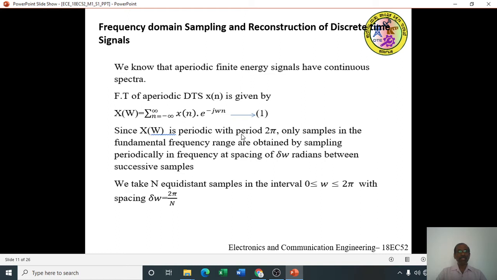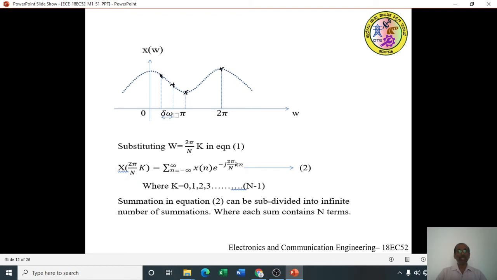This continuous and periodic signal cannot be applied to DSP. So we must perform sampling in frequency domain to convert continuous spectra to discrete spectra. So what we'll do is we'll consider one cycle of this spectra.